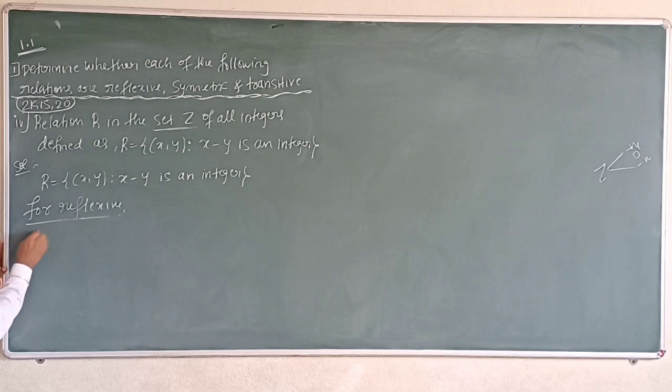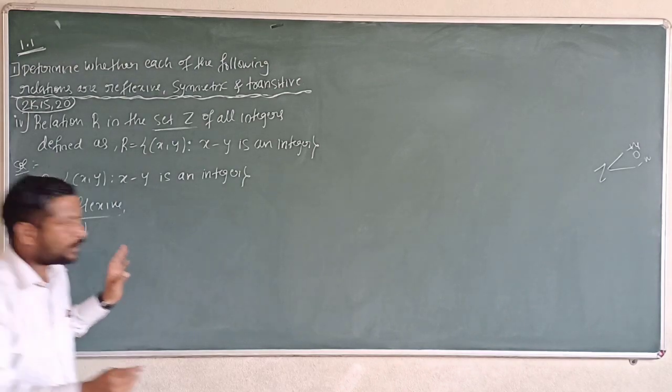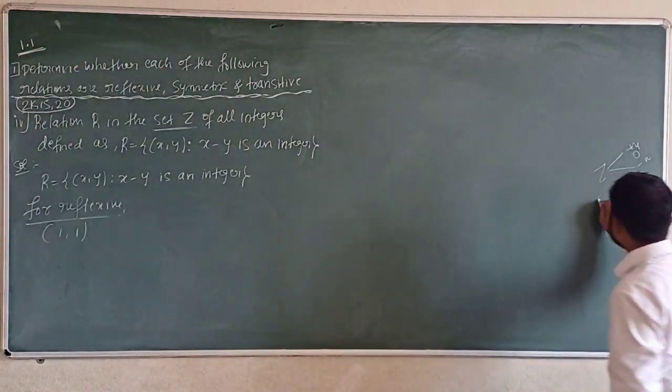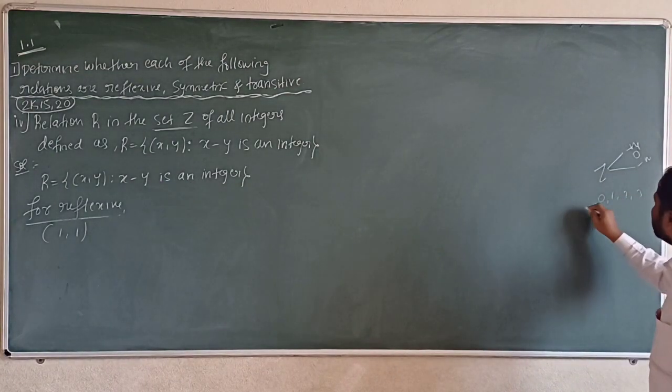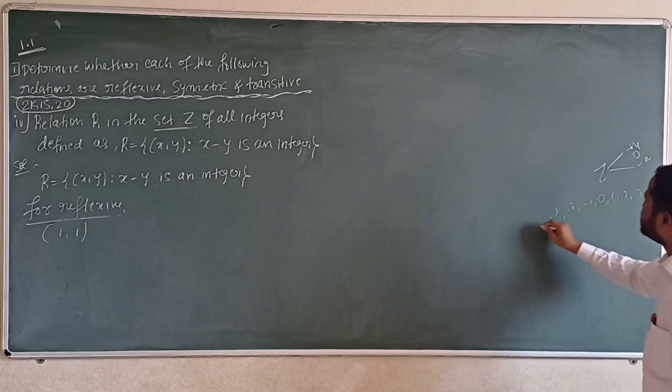For reflexive, we write doublets: (1, 1), (2, 2), (3, 3), (minus 1, minus 1), and so on. The integers are 0, 1, 2, 3, minus 1, minus 2, minus 3 and so on.